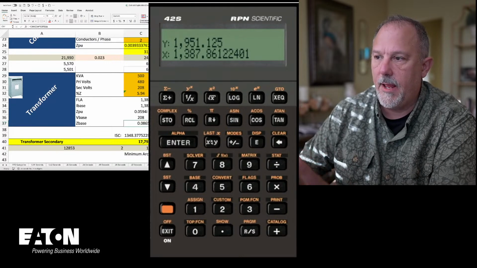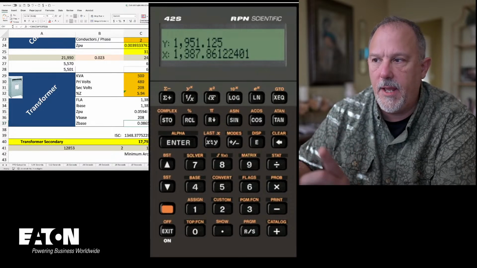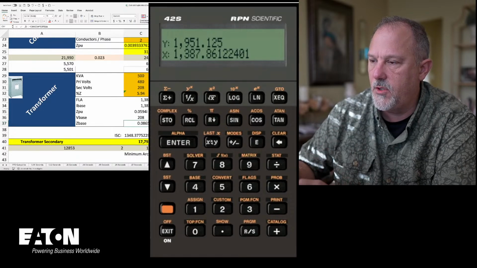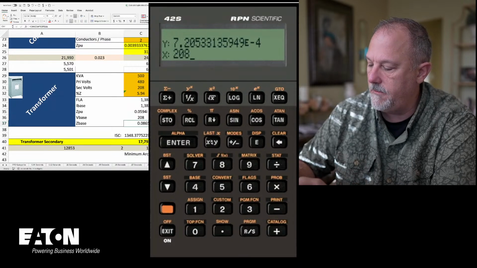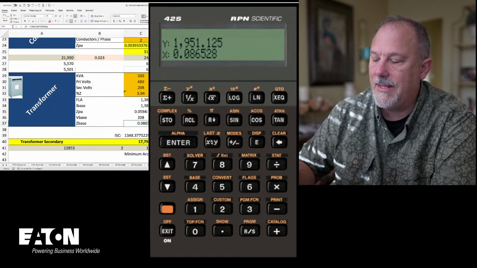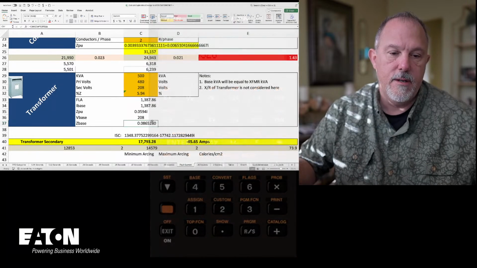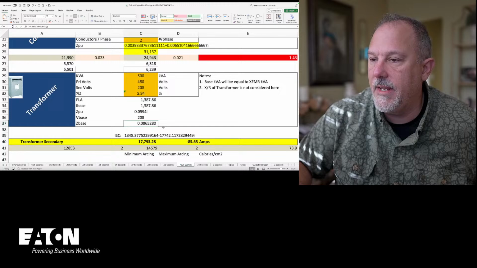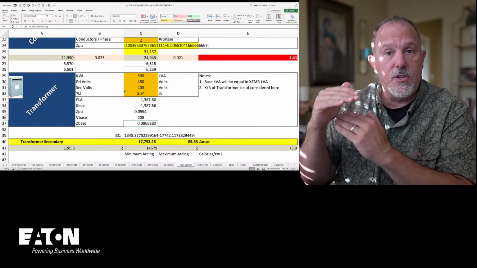There's my full load amps. It's V over, it's V base, which is 208. So it's 1 over the full load amps times 208 divided by the square root of 3, 0.086528. And that is exactly what I have for my Z base right there. So that's the number that I will use to get per unit.